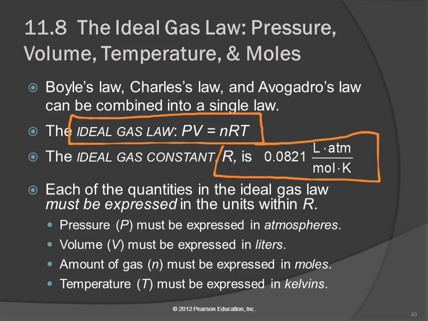When we had changing conditions, we had two pressures. And so if they were both in the same unit, no matter what it was, that was okay. The only one we were picky about was temperature, which had to be in Kelvin. But here the pressure has to be in atmospheres, the amount has to be in moles, and again, the temperature has to be in Kelvin.